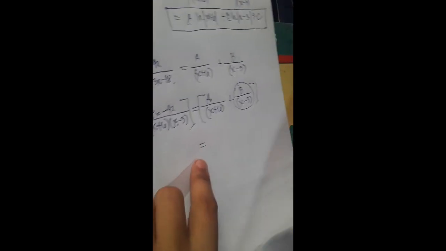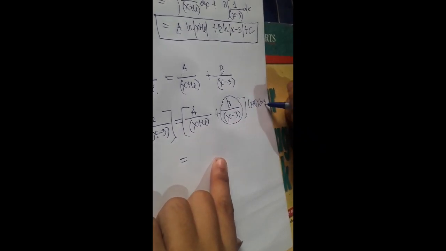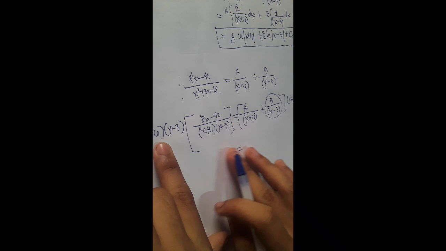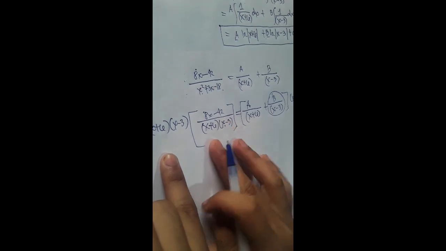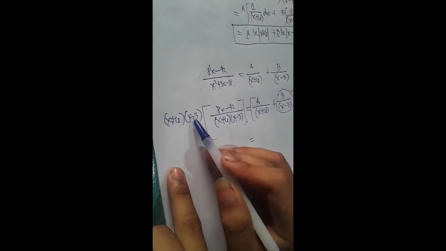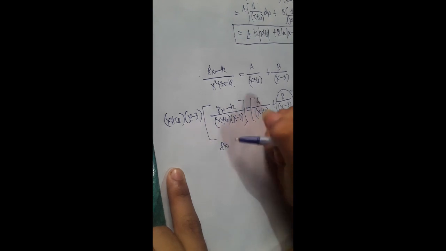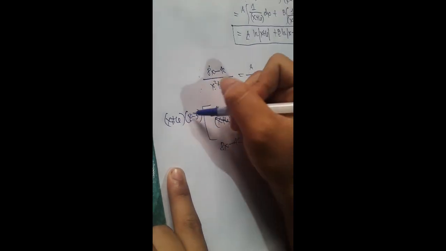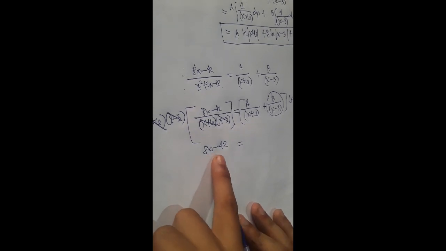And for the right side, we have here x plus 6, x minus 3, in order to distribute this one and eliminate the denominator. So if we distribute, this will be cancelled, and the remaining value is 8x minus 42.